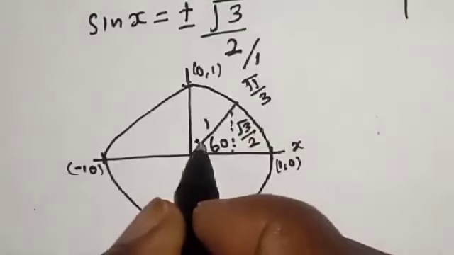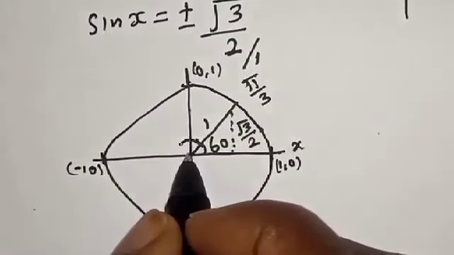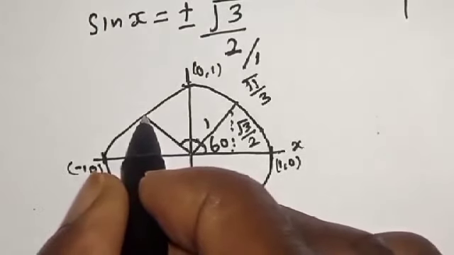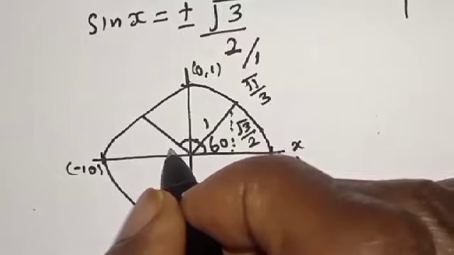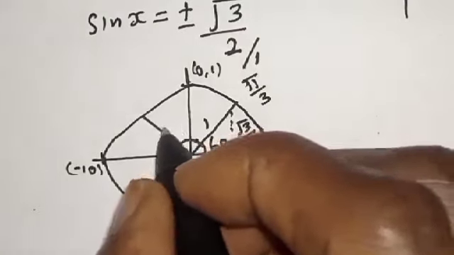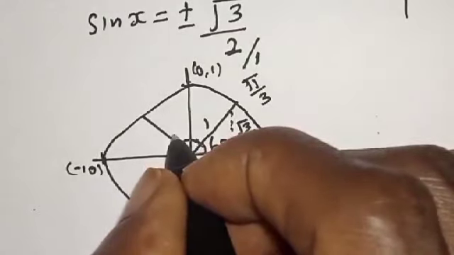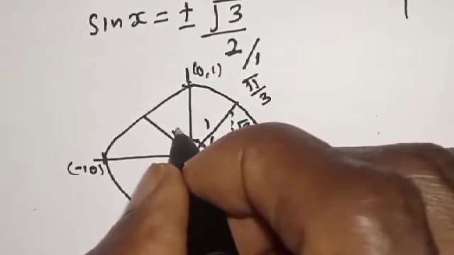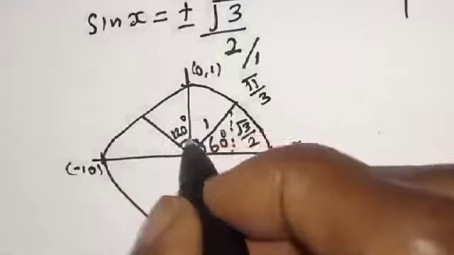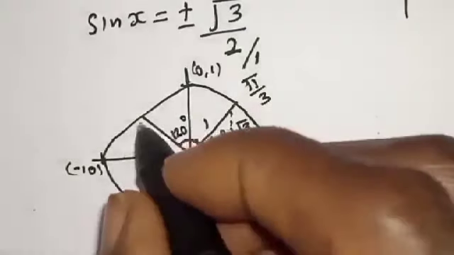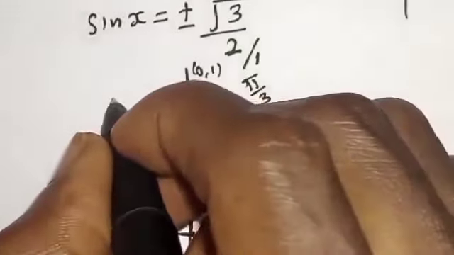Then from here to this place, let's draw another angle here. Here is 180 minus 60. This is 120 degree. So remember degree. So 120 degree. And here is what? 2 pi over 3.